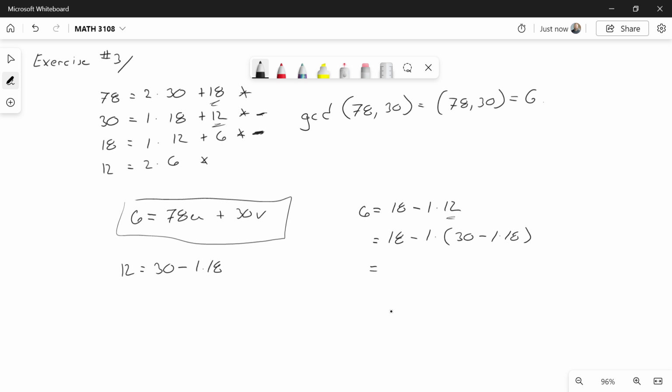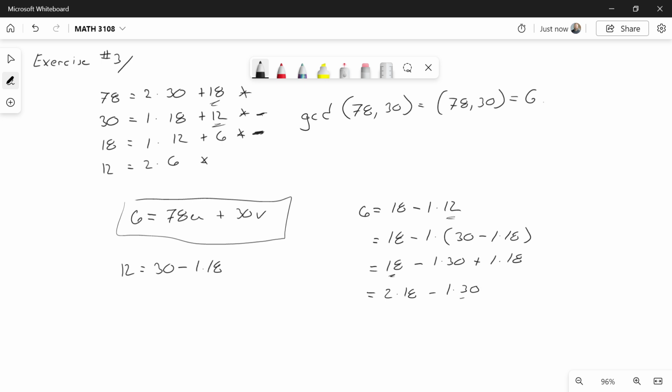Let's simplify this a little bit. This is 18 minus 1 times 30 plus 1 times 18. I have one factor of 18 over here and 1 over here, so this is 2 times 18 minus 1 times 30.